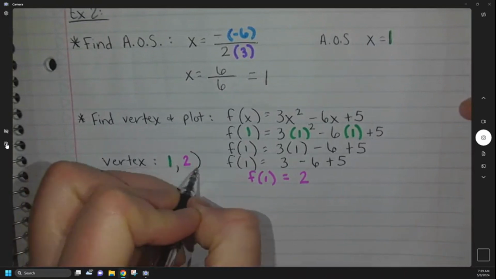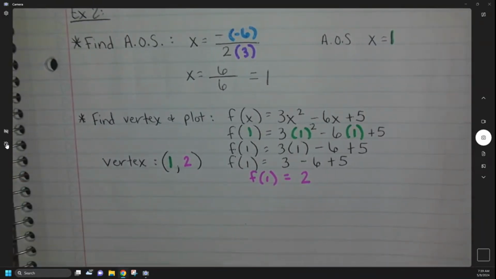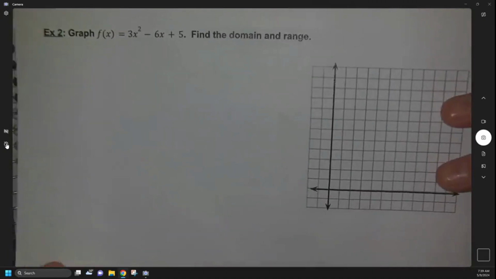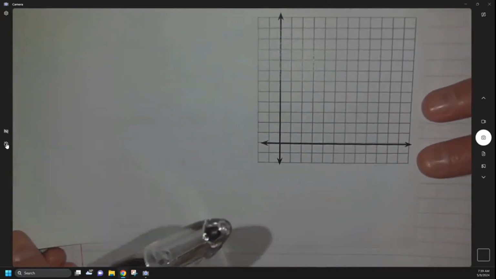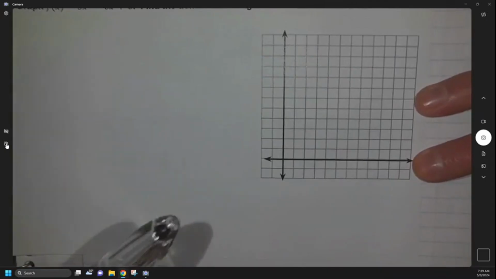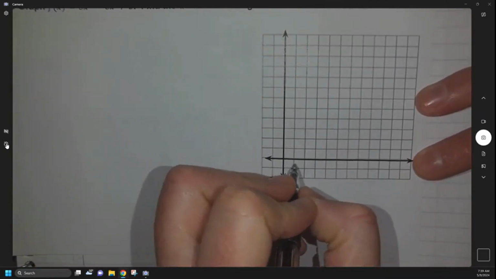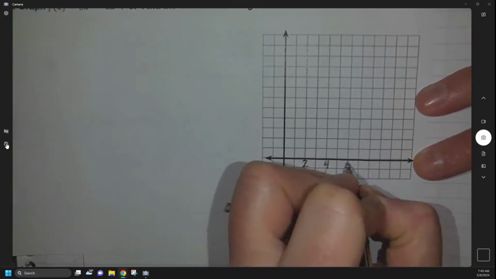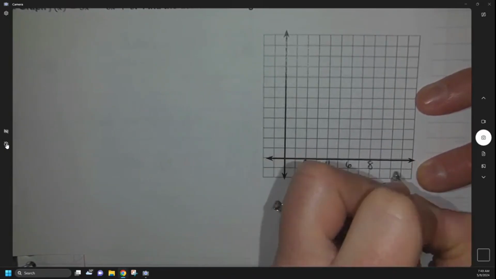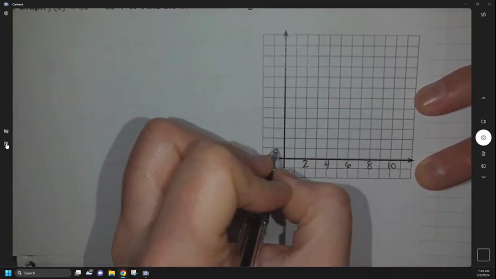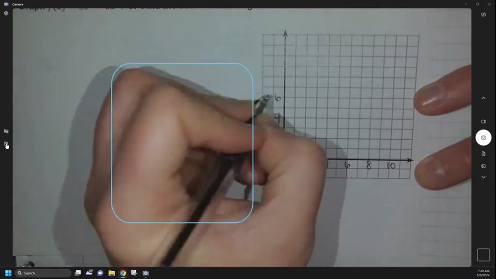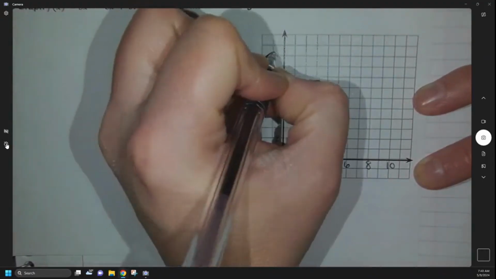On our graph, I'm going to plot that vertex point. Looking at this graph, I can count everything by ones, but I'm just going to label every other one: 2, 4, 6, 8, 10, and then 2, 4, 6, 8, 10.